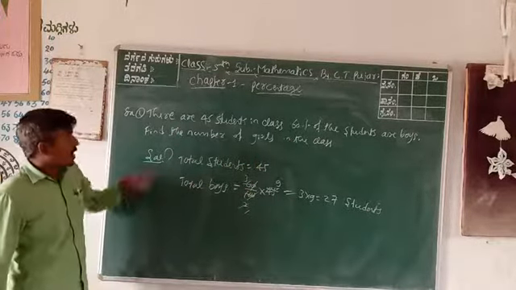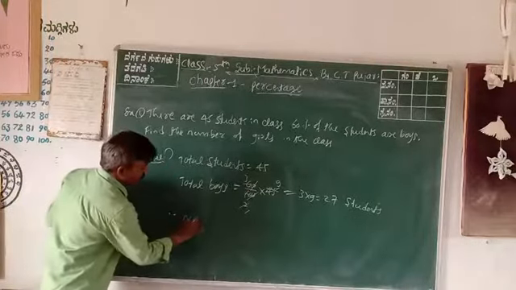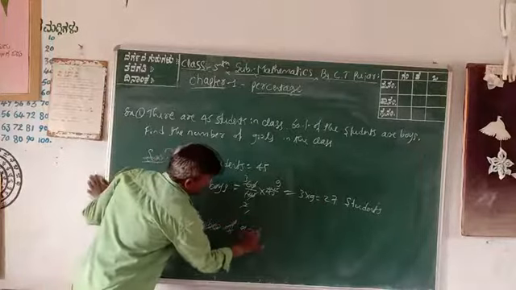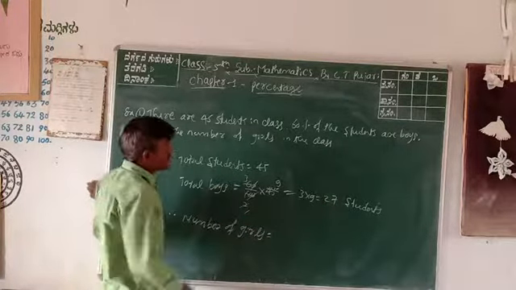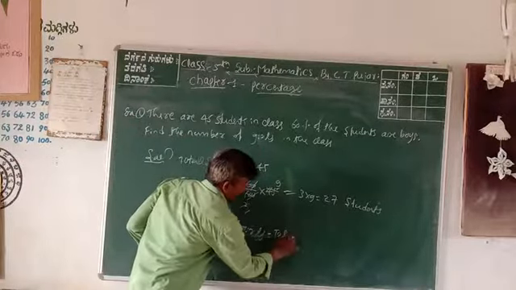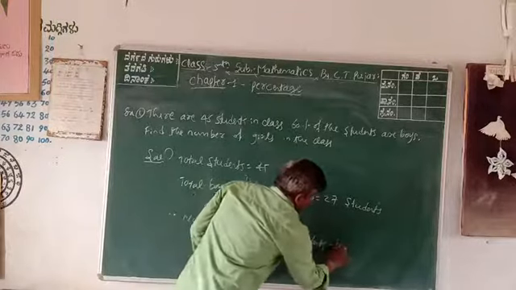But what about girls? Therefore, the number of girls is equal to the total number, 45, minus boys. Total students minus boys.